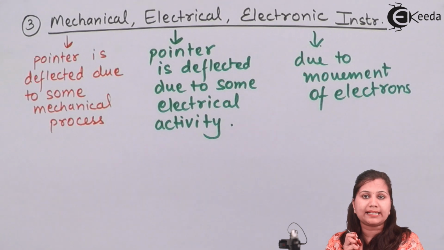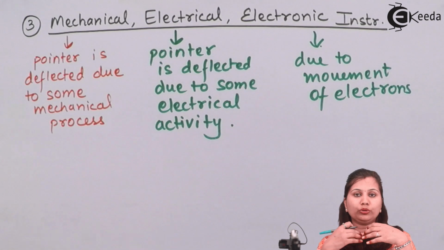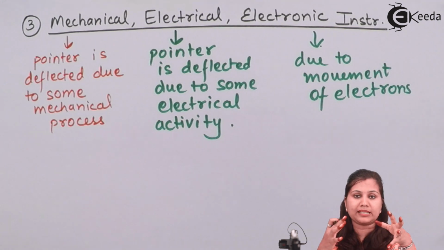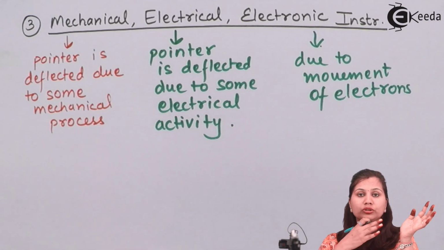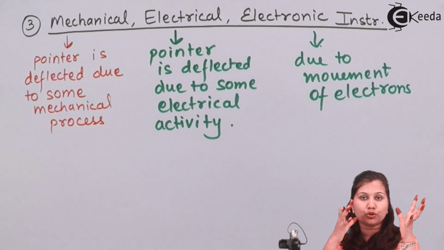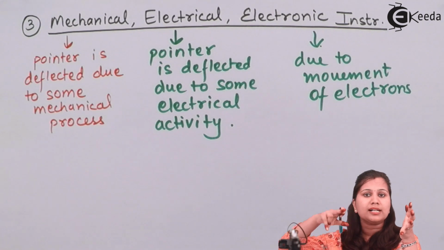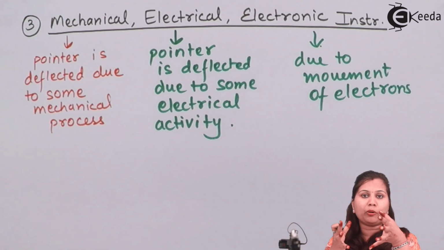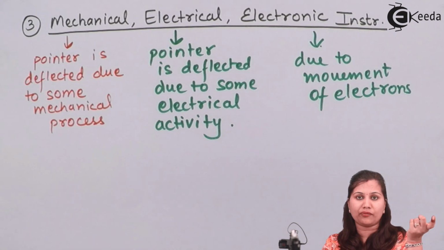These electrons are excited and placed between a cathode and anode, and due to the presence of a magnetic field, the electrons are deflected. So due to the movement of electrons, we have a pointer which moves over the scale on the cathode ray oscilloscope screen. The movement of the pointer is caused by the presence of electrons.